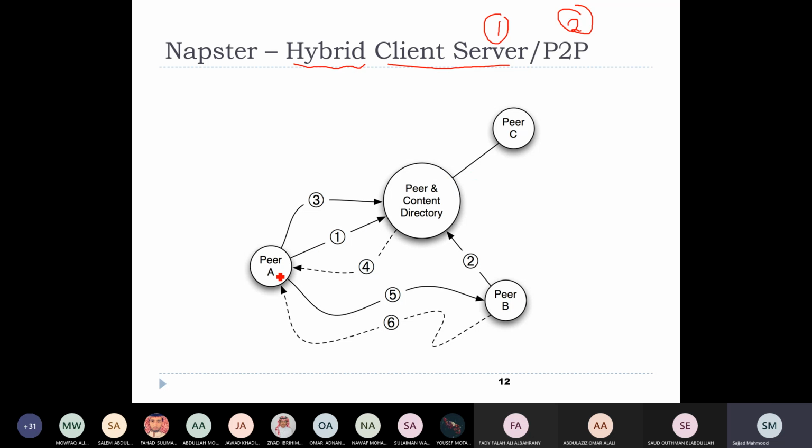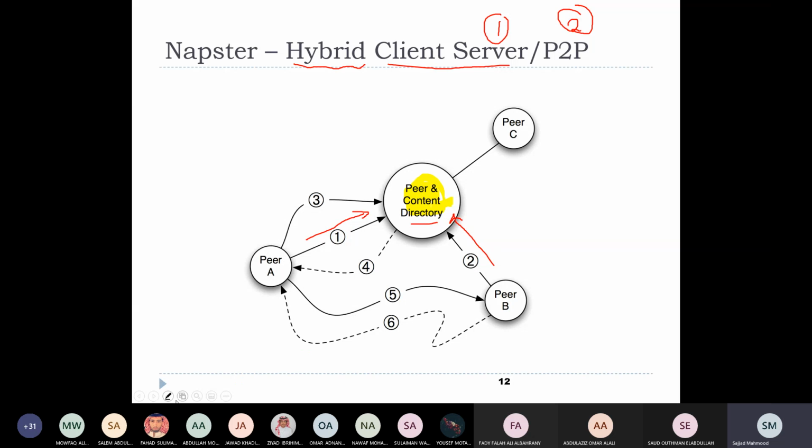They said that each peer will register themselves with something called a peer and content directory. They will give their IP address and also what kind of files they are sharing or willing to share. So the content directory keeps track of the different peers in this network at the moment, and the contents they are willing to share.